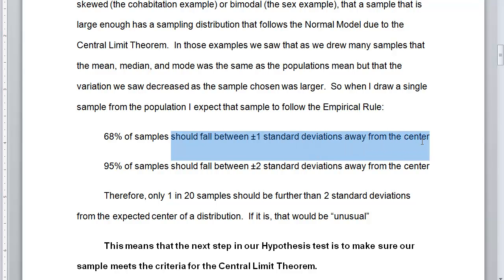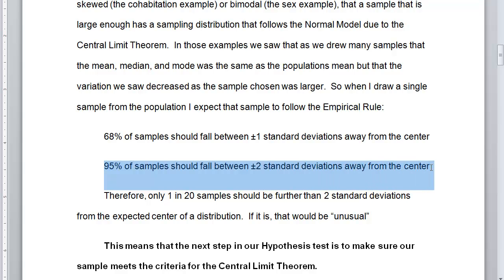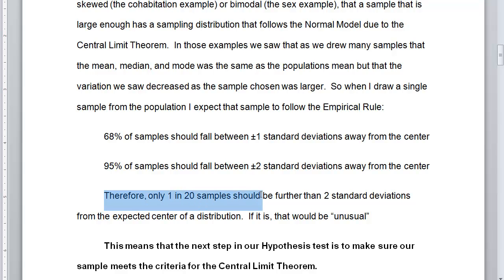And 95% of samples should fall within 2 standard deviations away from the center. Therefore, if I draw a sample, only 1 in 20 of those possible samples should be further than 2 standard deviations away from the expected center of the population. If it is, that would be unusual.